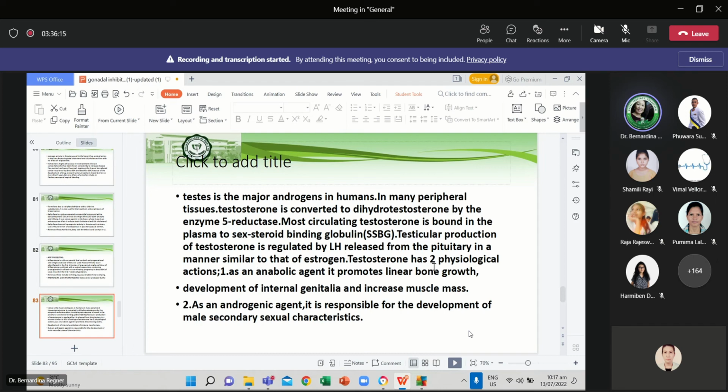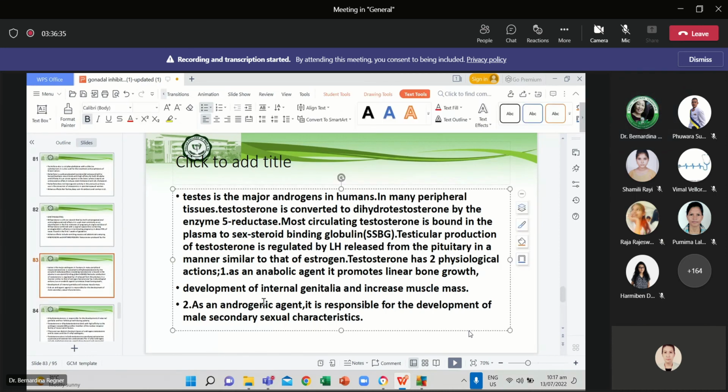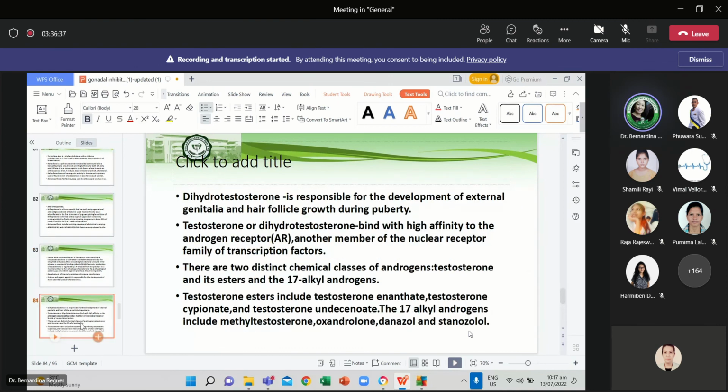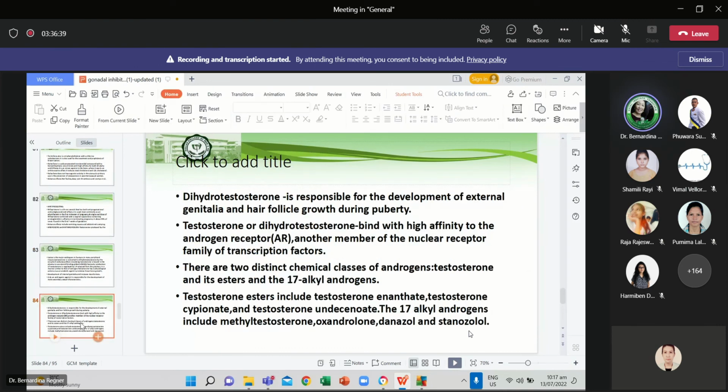Testosterone has 2 physiological actions. Number 1, as an anabolic agent because it promotes linear bone growth, development of internal genitalia, and increased muscle mass. Number 2, as an androgenic agent responsible for the development of male secondary sexual characteristics. Dihydrotestosterone is responsible for the development of external genitalia and hair follicle growth during puberty.